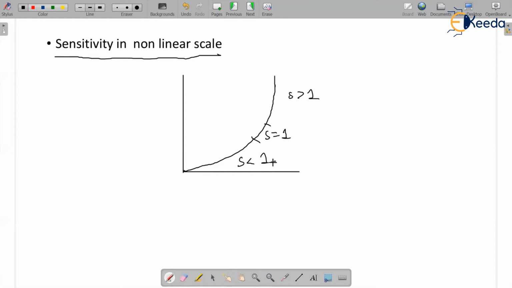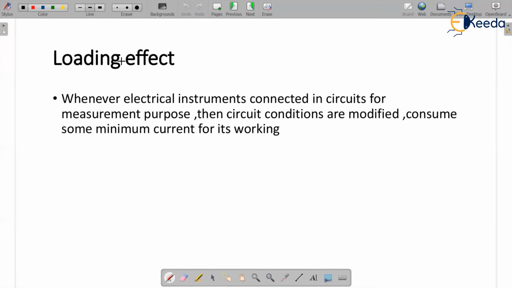Then next, what is the loading effect? A very important topic. Whenever electrical instruments are connected in circuits for measurement purposes, the circuit conditions are modified, since the instrument consumes some minimum current for its working.